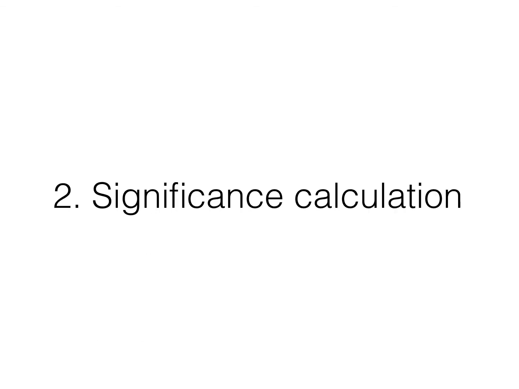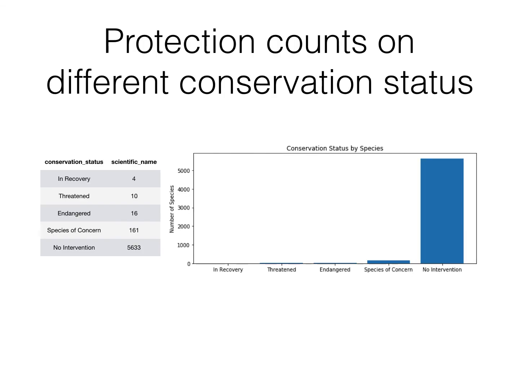Alright, it's time for calculation. The column conservation status has several possible values: species of concern, threatened, endangered, in recovery. We would like to count up how many species meet each of these criteria, so we use pandas. There is a command called groupby to count how many scientific names meet each of those criteria.